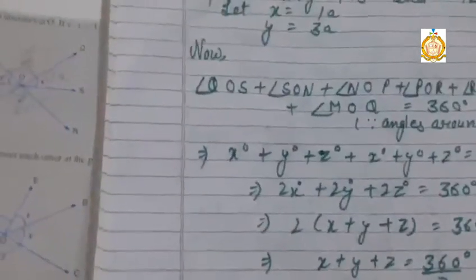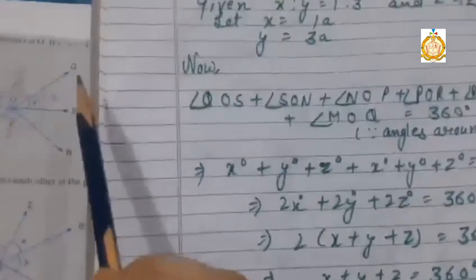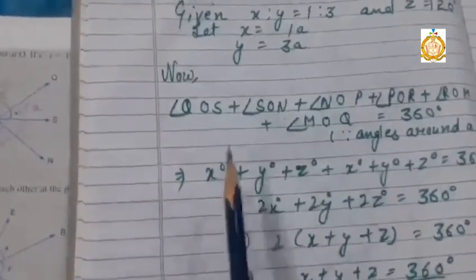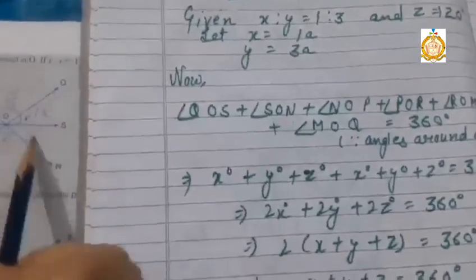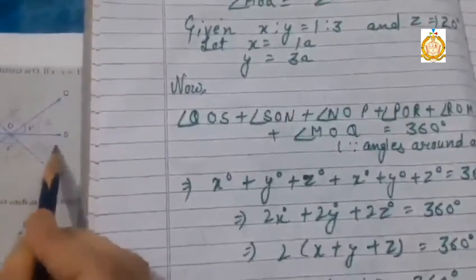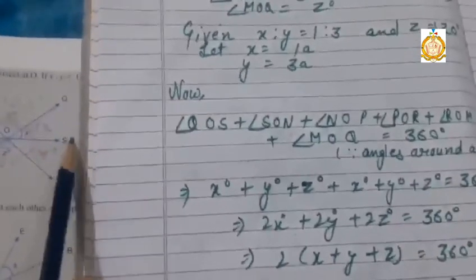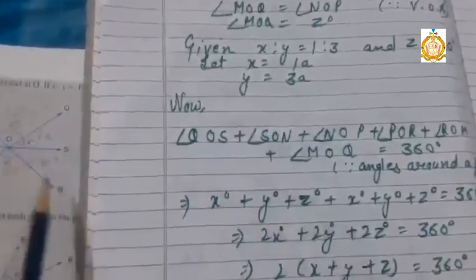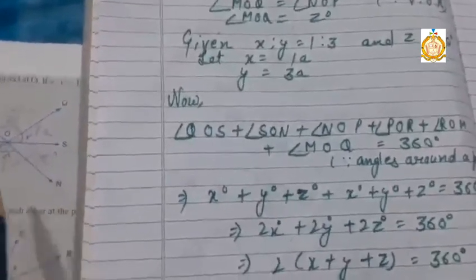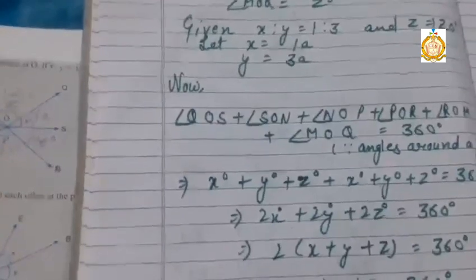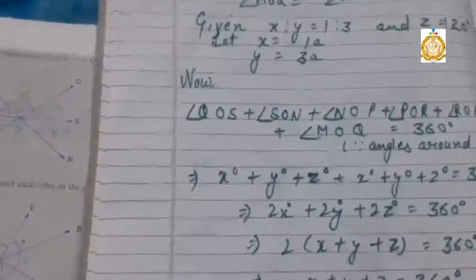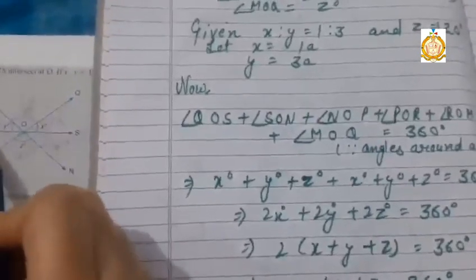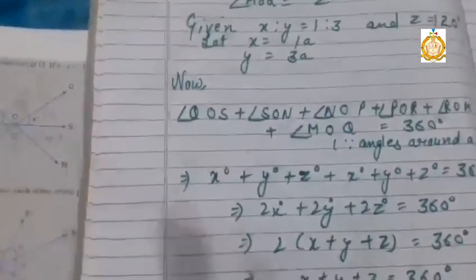Now we will put the values here. The value of angle QOS is x degree. Now we know that it is a vertically opposite angle, so the value of angle SON is y degree, and the value of angle NOP is z degree. Value of angle POR is x, because it is a vertically opposite angle, so it is also x degree.